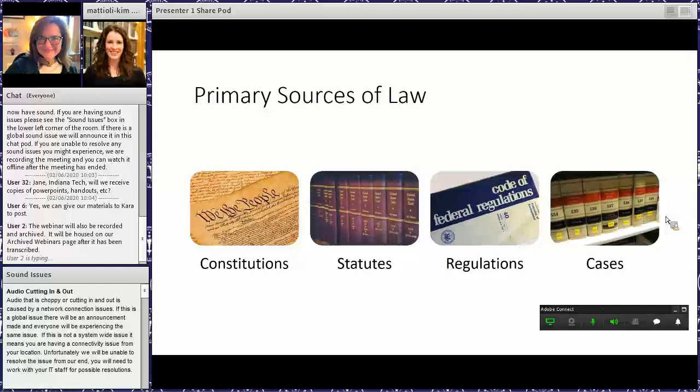Next, we have the executive branch, which has many different administrative agencies as part of it. Administrative agencies have rule-making power, and they promulgate rules, which are also known as regulations. These regulations have the same legal effect as a statute.